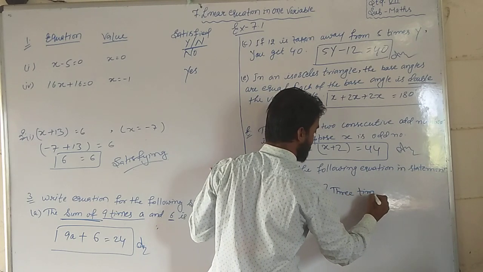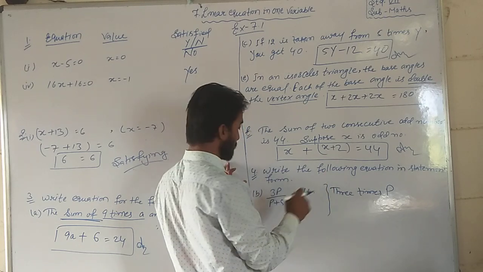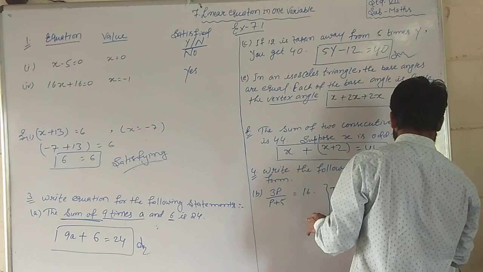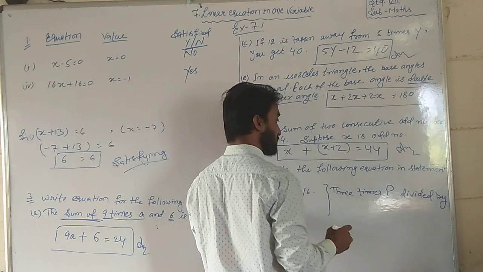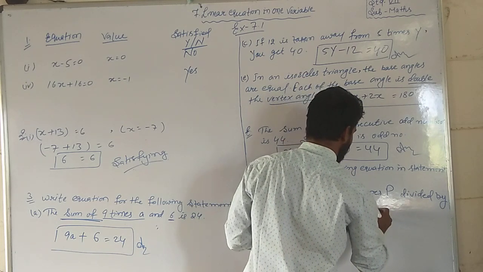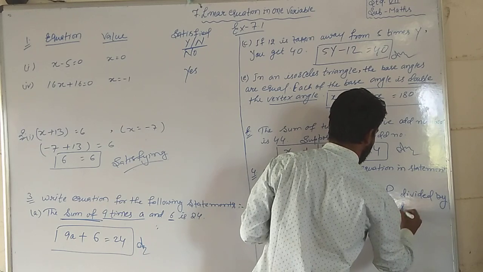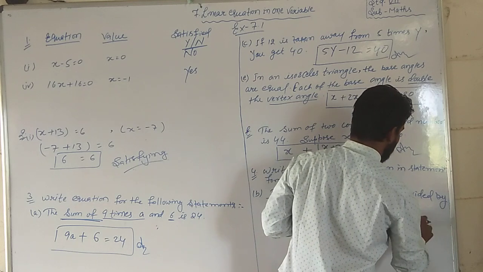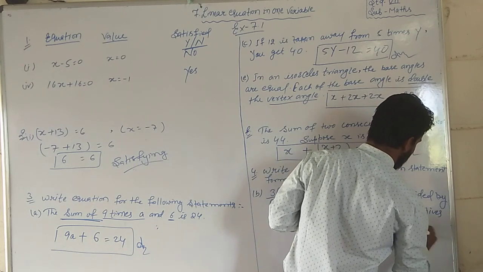Three times p, 3p means 3 times p, divided by p plus 5, it means the sum of p and 5, is equal to 16. It means gives 16.